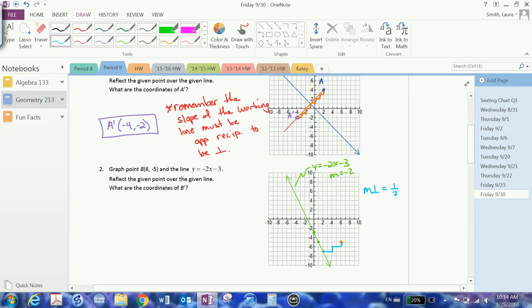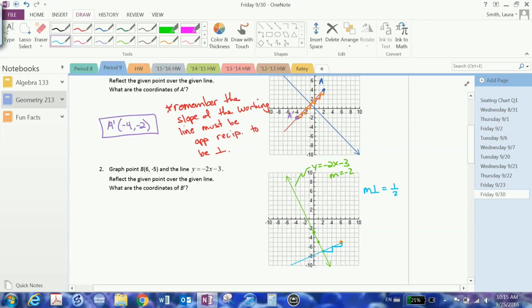Oh, nice. Okay. I'm just going to draw in my working line. So I did essentially 2 moves of my slope, right? Fall 1, run back 2, fall 1, run back 2.